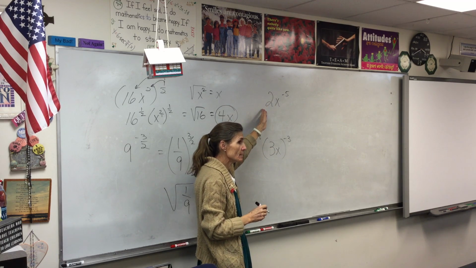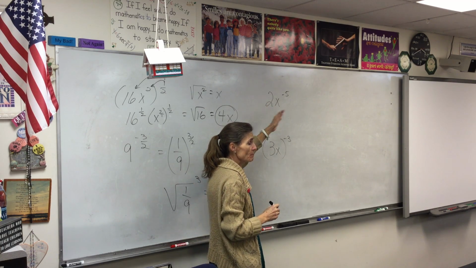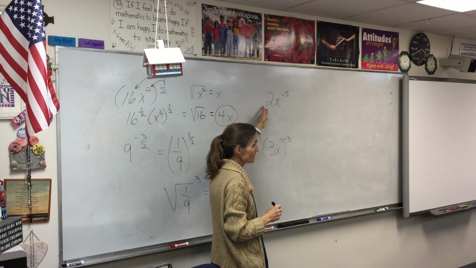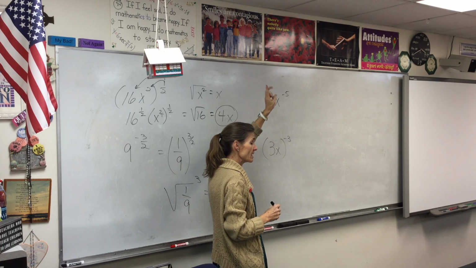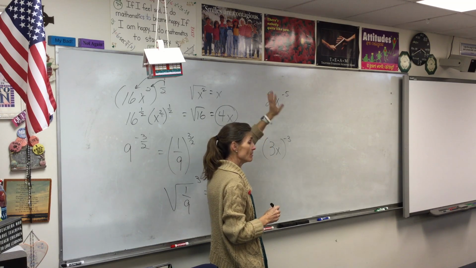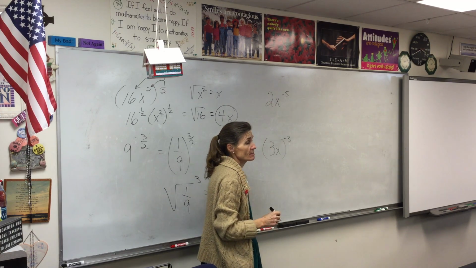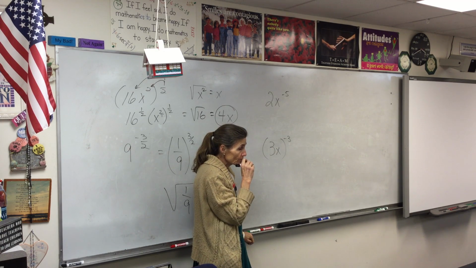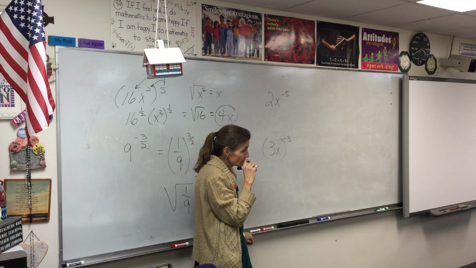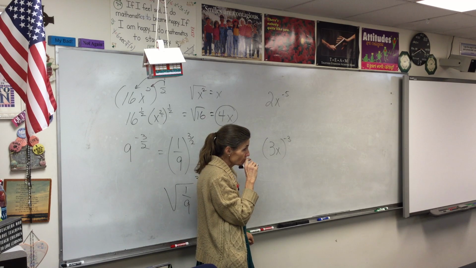It shouldn't be tricky, but it's always tricky. I put this on every test I give over this unit. Honors, academic, doesn't matter. This question goes on every test. What do you think the answer is? 5√2x.